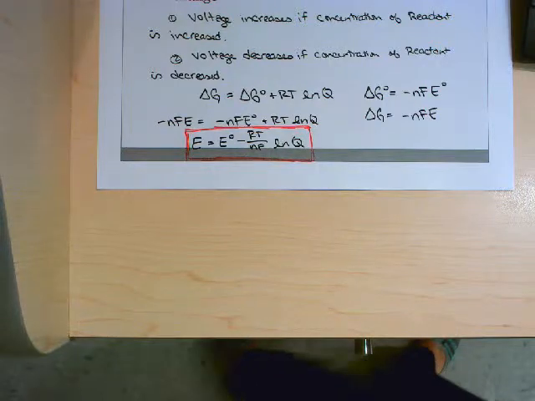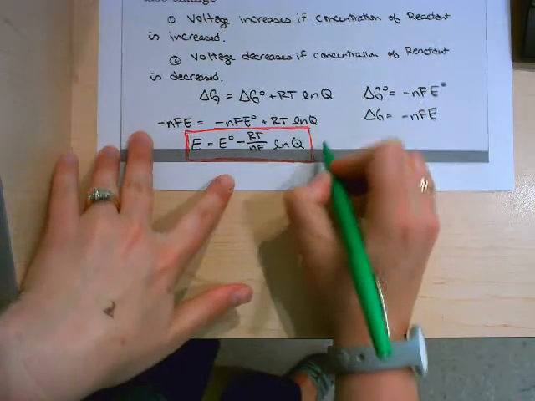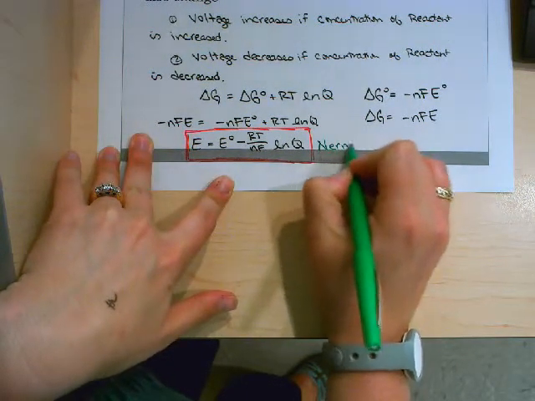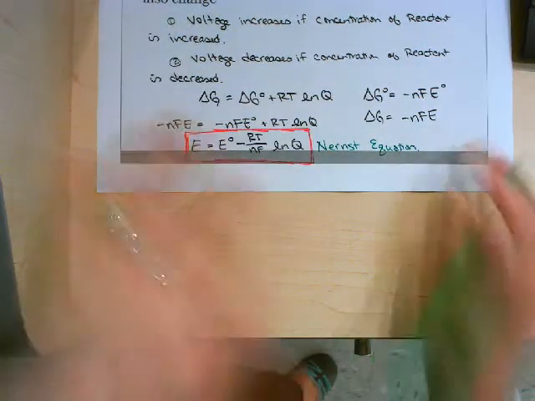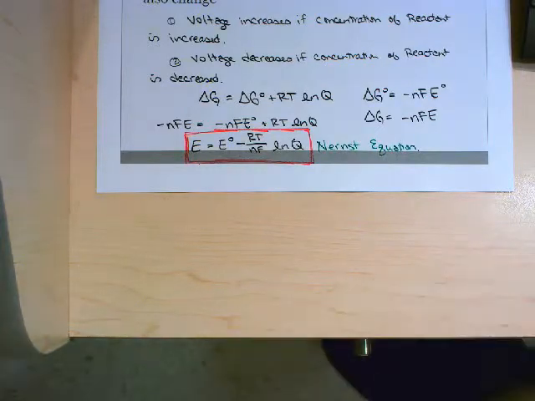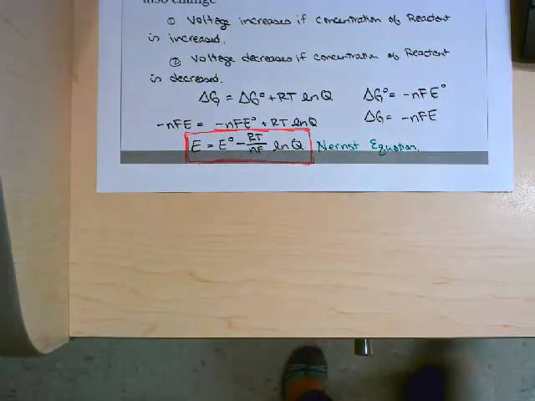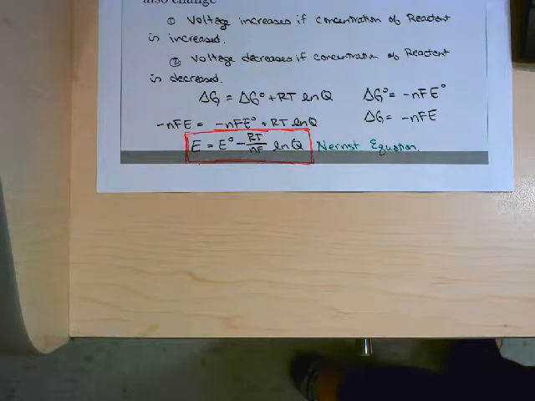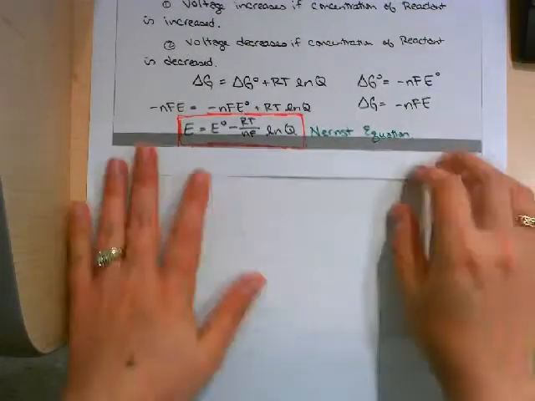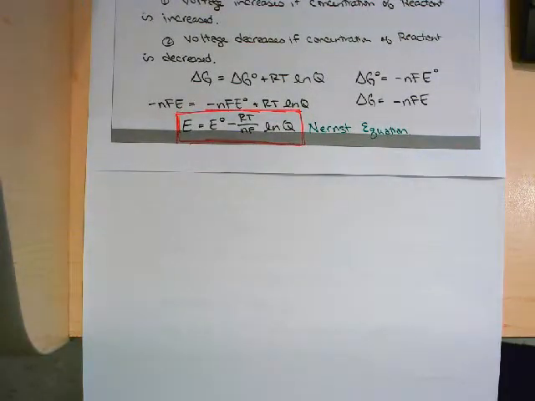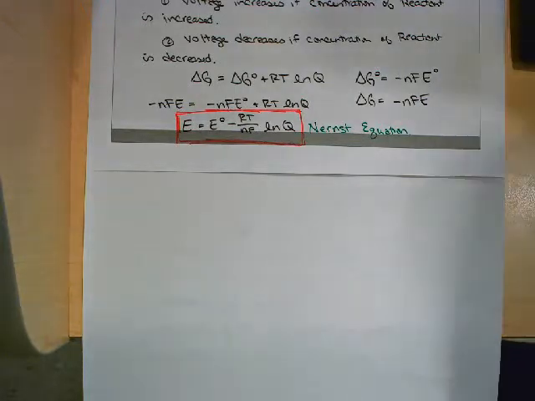This is so famous it has its own name. This is the Nernst equation. Alright, so let's look at some implications of this equation.